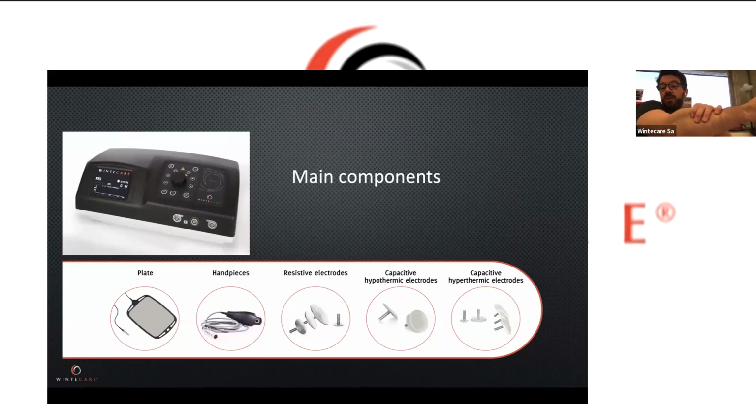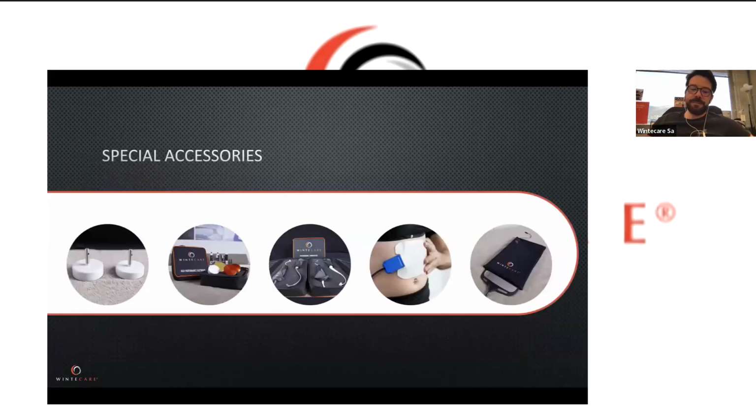You can use the skin as a leverage for the deeper tissue. So we can pull, we can move, we can feel the tissue. Anytime you will apply myofascial techniques or any manipulation, that's the case where a capacitive hyperthermal can be beneficial.